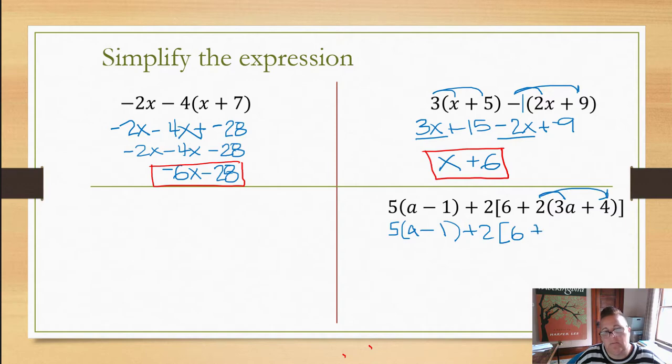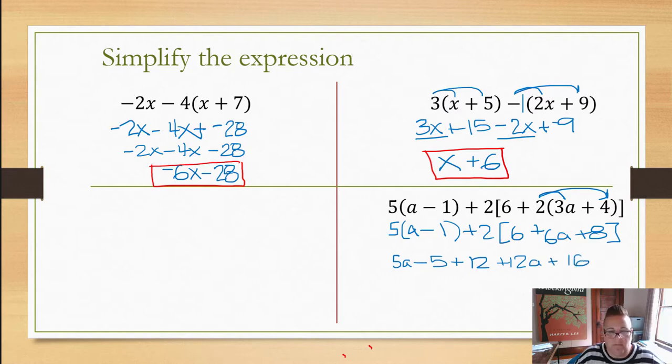So this is going to be plus 6a plus 8. Now I can distribute the 5. So I'm going to have 5a minus 5 plus, and I'm going to distribute that 2 inside the square brackets, plus 12 plus 12a plus 16.